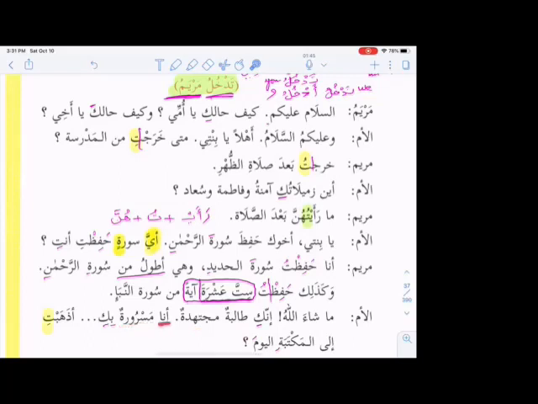Because ana is muannath. When a brother says, he will say ana masrurun. I'm happy, very happy. But when a sister says, she will say ana masruratun. Remember this. Don't forget, my brother. Masruratun biki. Because it is being addressed to Maryam. I'm very happy. Biki means what? My brother and sister, with you.